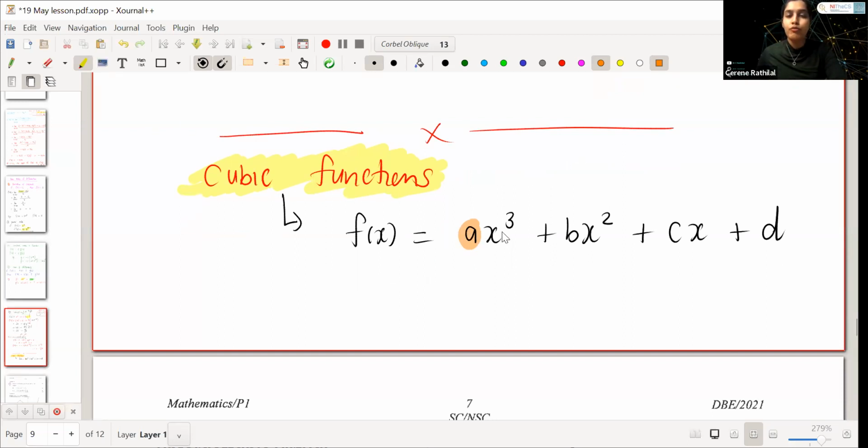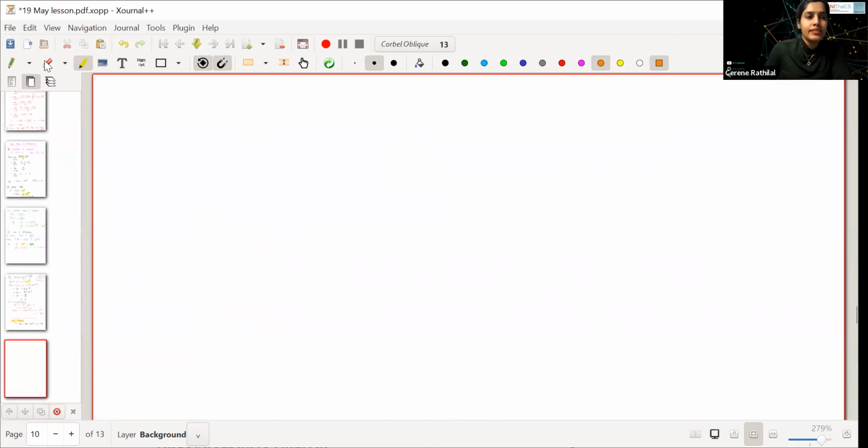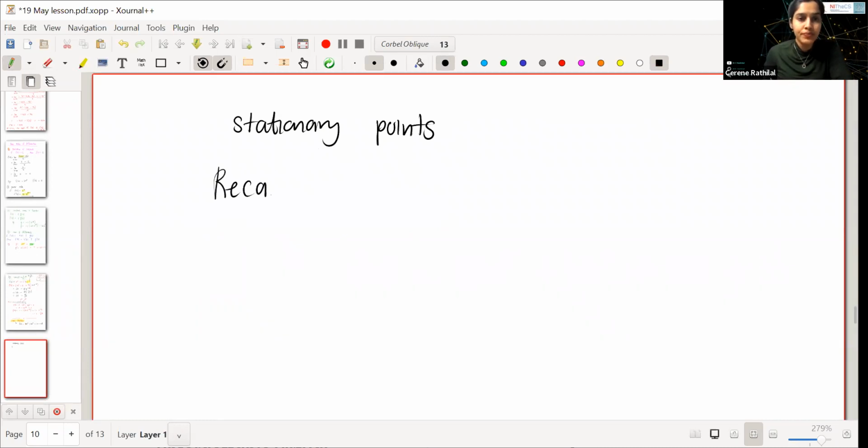Okay, now before I tell you more about what this a is going to help us do, what I want to explain to you is the notion of stationary points. So to understand stationary points, I want you to recall, what did f prime of x represent?